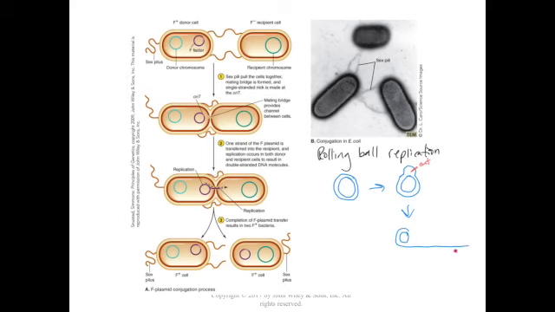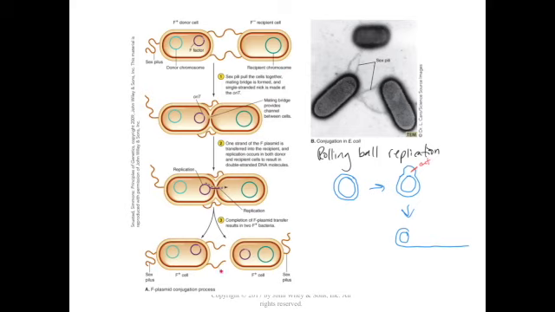And this newly synthesized piece of single-stranded DNA is actually what's going to be passed through our mating bridge right here. So we have our rolling ball replication occurring, and that newly synthesized strand is being passed into our recipient cell. Once in the recipient cell, the replication of that plasmid will be completed and it will be circularized.